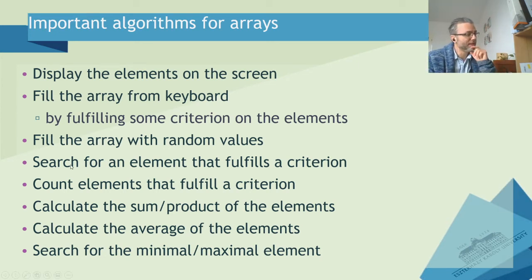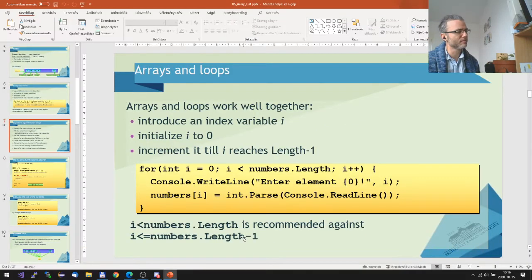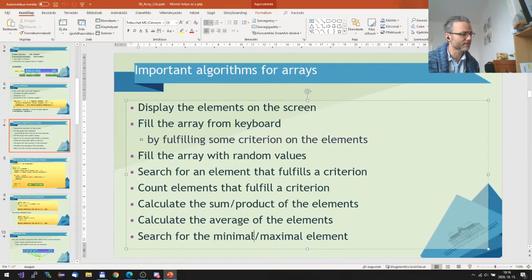Sometimes you don't only need to search for elements but to count them, or this is also very typical to calculate the sum or product or the average of elements, or looking for the maximum and minimum elements. I think this is not correct in English.